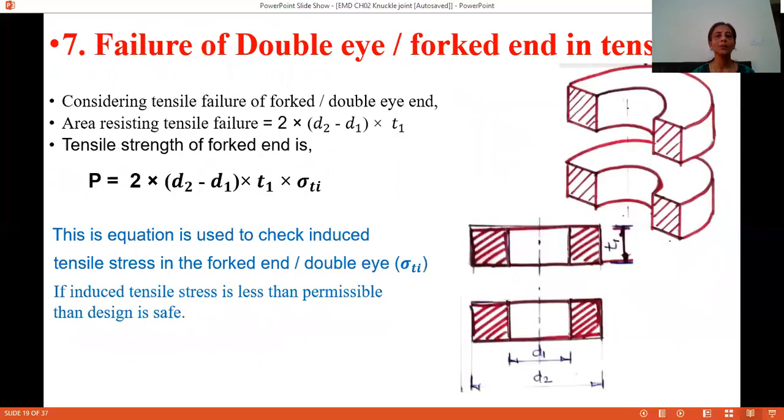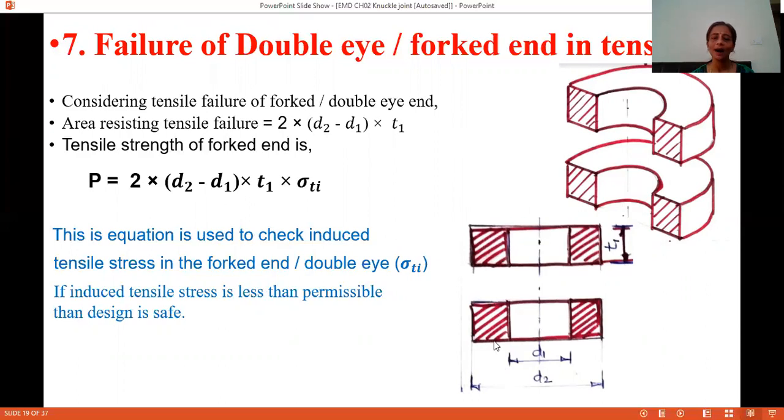Now we will see one by one all failures of forked end. First of all, we will see tensile failure of forked end. We can see that the forked end will be subjected to tensile failure across the hole, and from this diagram, the area resisting failure will be 2 into d2 minus d1 into t1.